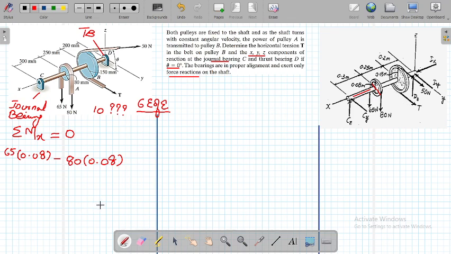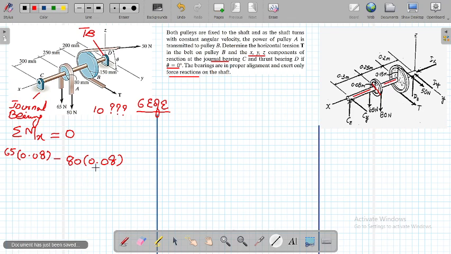So this force T into 0.15 about the x-axis is going to rotate the body in the anti-clockwise sense.